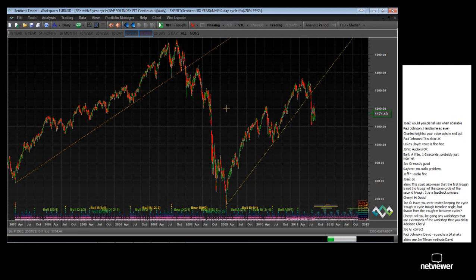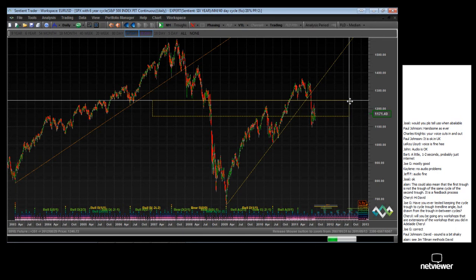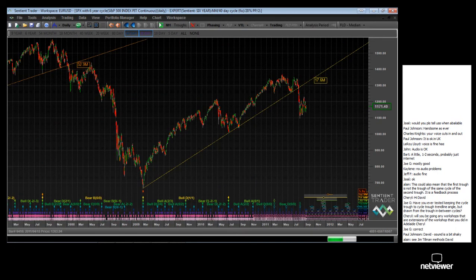If price had formed a new peak since then, which it hasn't, which is another very important point, we would, of course, call that the peak of the 54-month cycle. But in fact, the peak of the 54-month cycle occurred way back in 2007. Since then, price has been lower than that point.